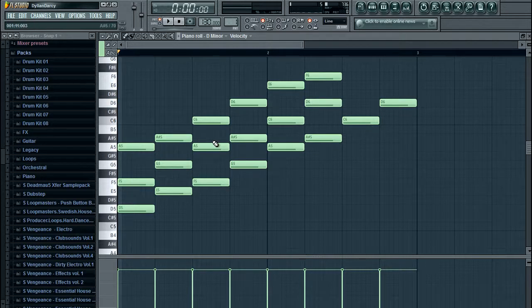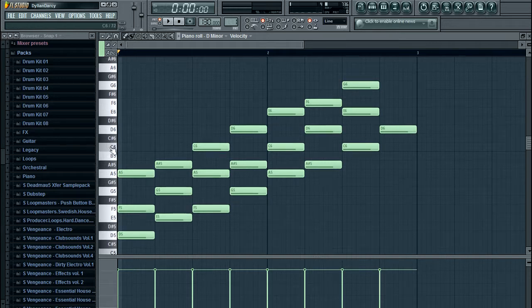And our final chord is also major, so we go up 4 and then up 3. And then we go back to our root chord, but everything is up 1 octave, and that's a minor chord, so it is up 3 and then up 4. Now let's listen back to see if we were right.